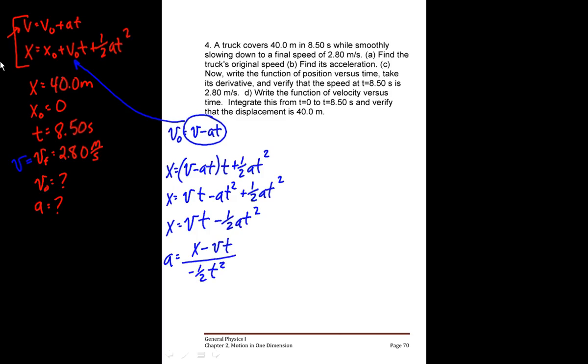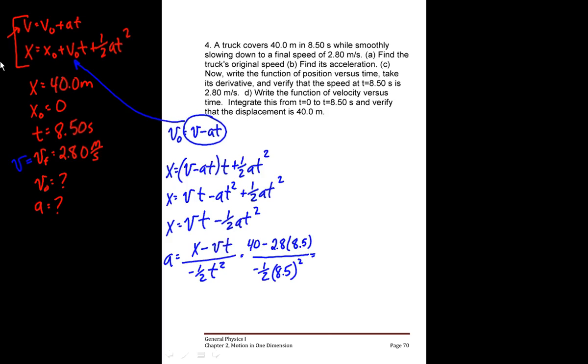And if I put in my values, 40 minus 2.8 times 8.5, I'm going to write those out. 40 minus 2.8 times 8.5 divided by negative 1/2 8.5 squared.